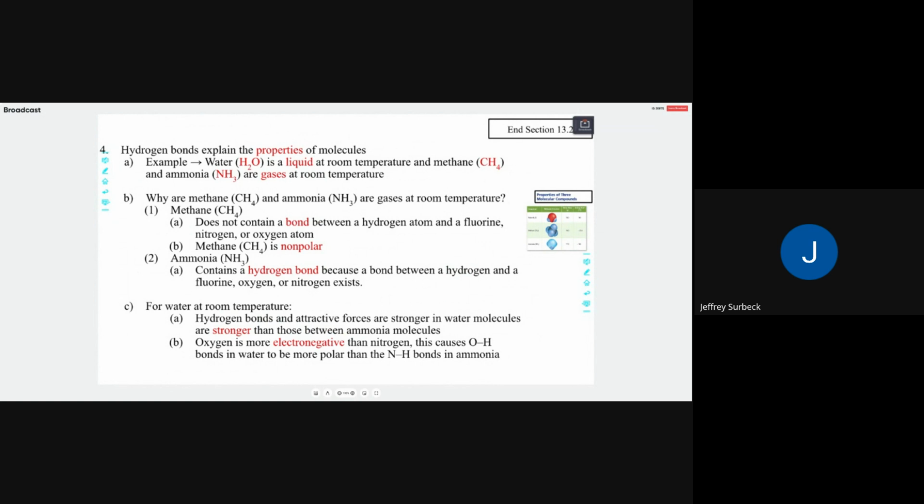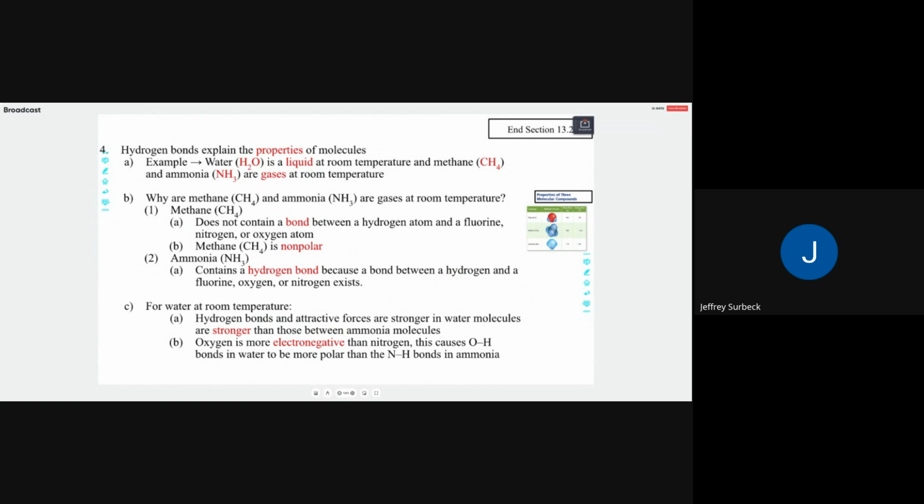Okay, why does one thing at room temperature act as a gas or is a gas, whereas another thing is a solid? And it all comes back to these intermolecular forces, again, interacting with one another, pushing, pulling, tugging off each other with this. So I know I give a specific example here, methane and ammonia. Ammonia, the reason why it's stronger here, there's actually hydrogen bonds, whereas methane doesn't have it.